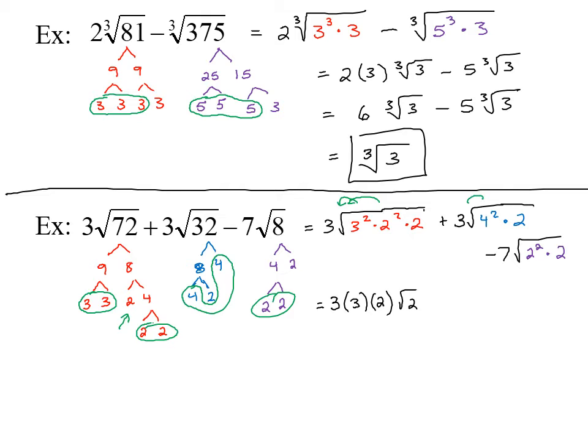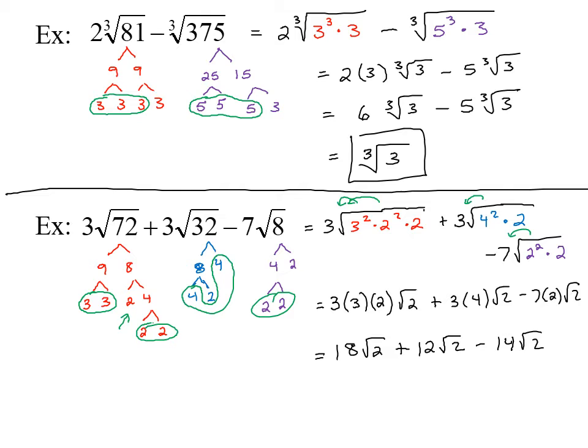Then I can pull this 4 out in front and say this is 3 times 4 root 2. And then I could pull this 2 out front. Minus 7 times 2 root 2. So 3 times 3 is 9 times 2 is 18. So I'll get 18 square roots of 2. I'll get 12 square roots of 2. And 14 square roots of 2.